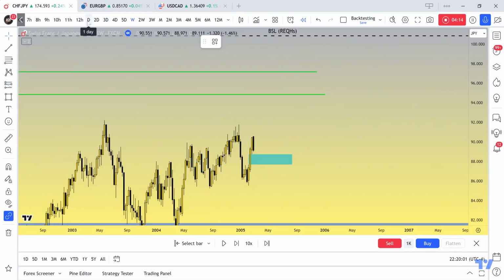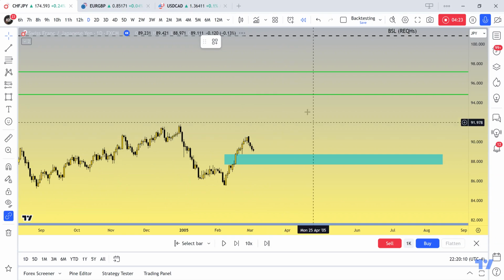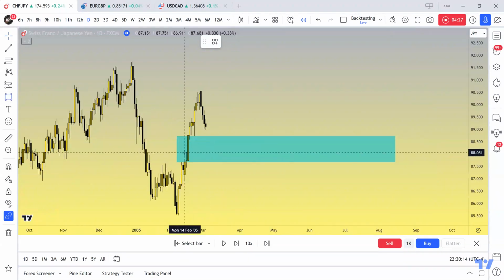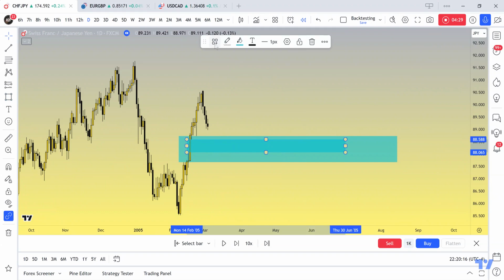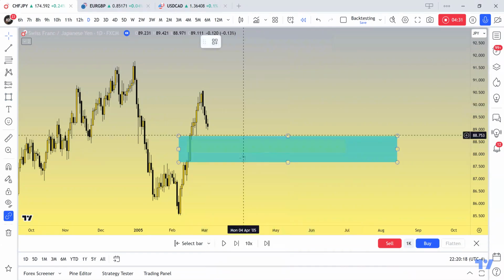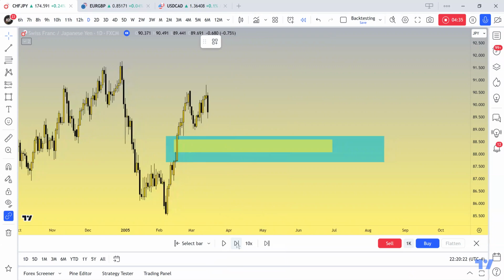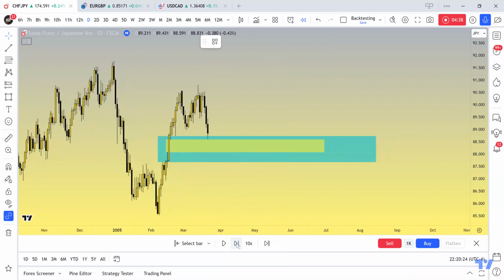So now I'm going to go down to the daily and see if we can get price to come into here and start showing the willingness to go to the upside. Okay, and in between we have a daily gap as well, a refined point of interest if we get down that low.